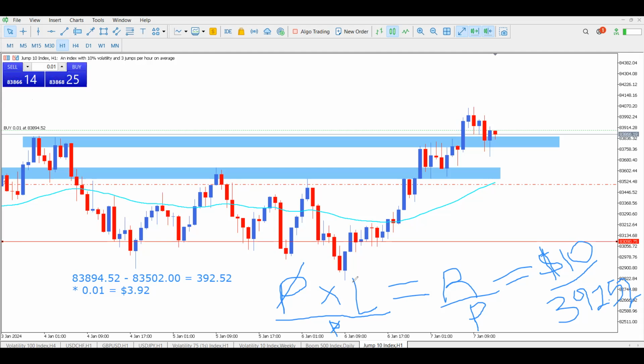That simply will then give me the lot size I'm going to be using for this. Quickly punch your calculator. 10 divided by 392.52. That gives me 0.025 lot size.